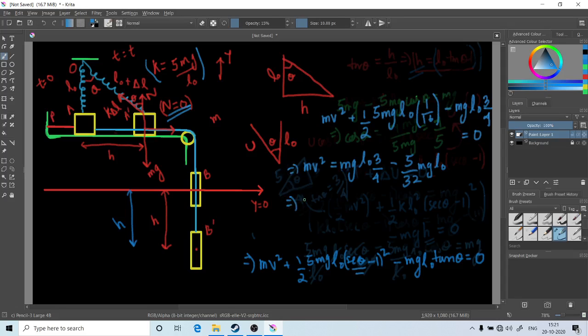Now mv squared equals mg L0 times (24 minus 5) divided by 32, which is mg L0 times 19 by 32.